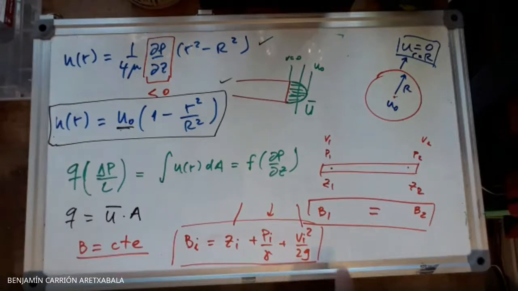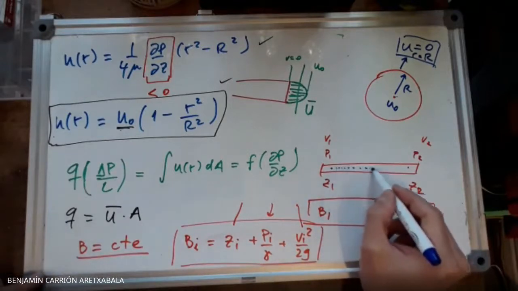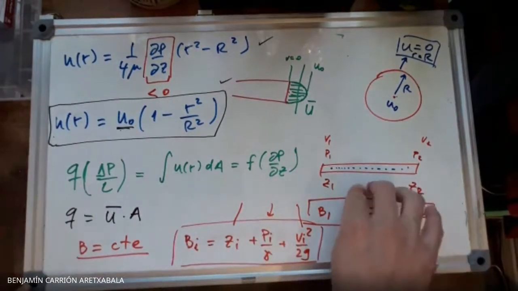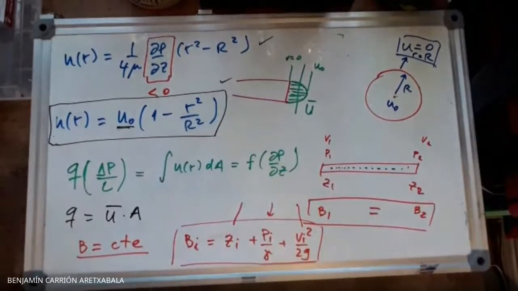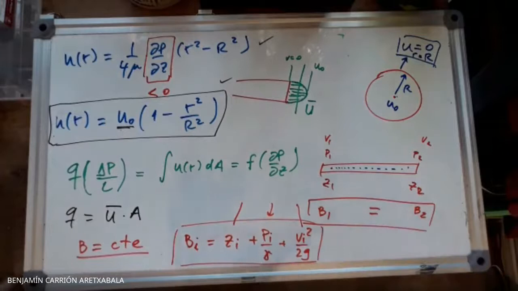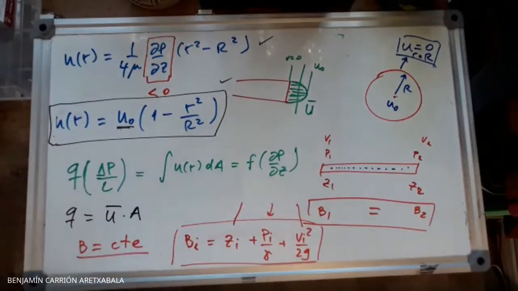The Bernoulli is basically the Euler equation integrated over a streamline. So we're assuming we have a streamline here, and we're integrating the Euler equation. But we know that we're solving the Navier-Stokes equation, so Euler can't describe this flow right. What's happening here is that the viscosity, the friction, is reducing the energy.